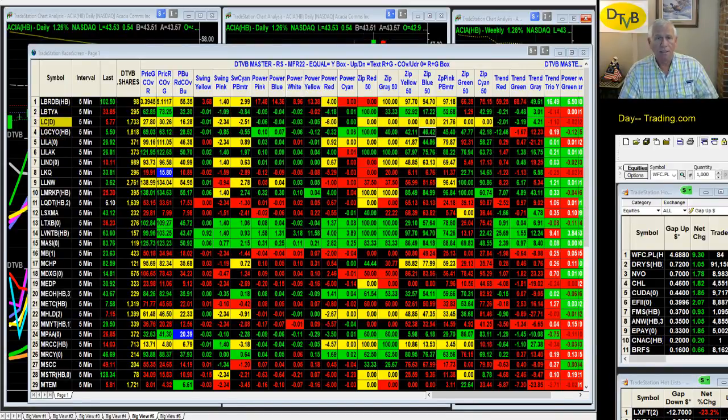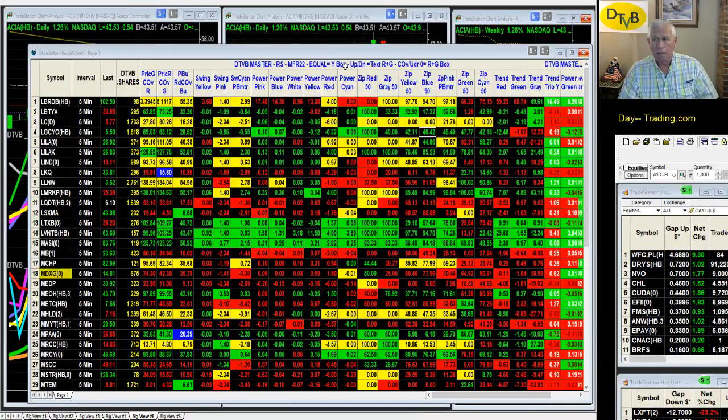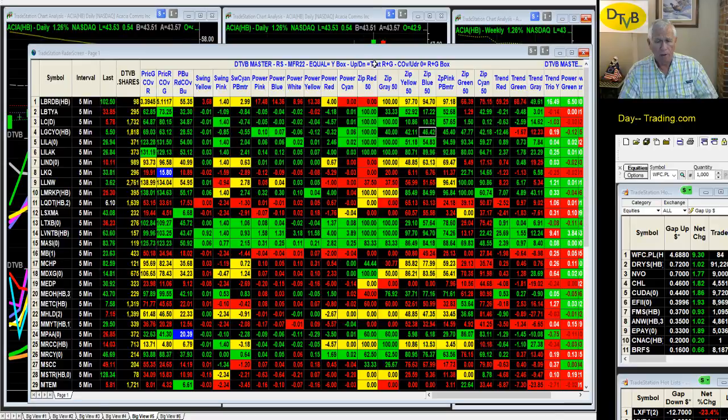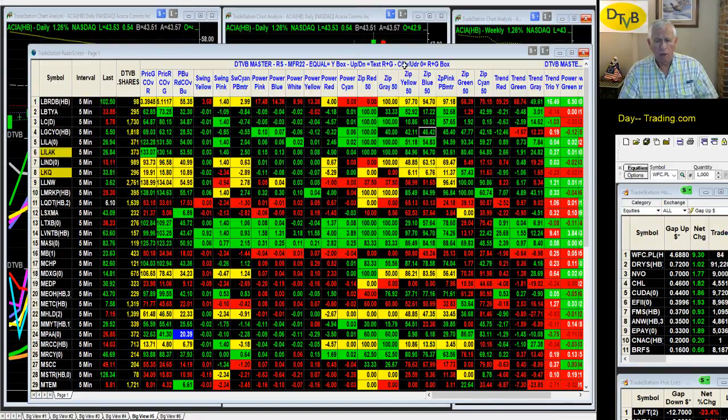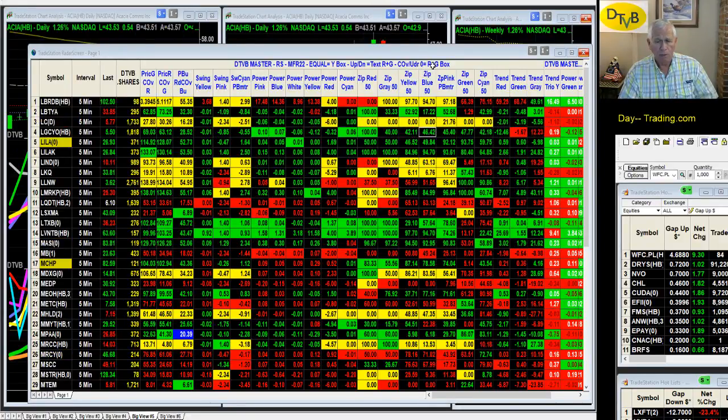It has indicators that are equal, that if you look at the top line of the indicator, the equal sign is a yellow box, and then the text going up or down is red text or green text, and then crossing over or crossing under is a red or green box.